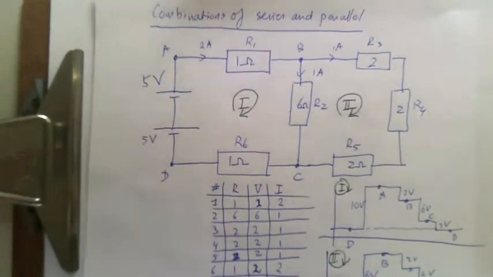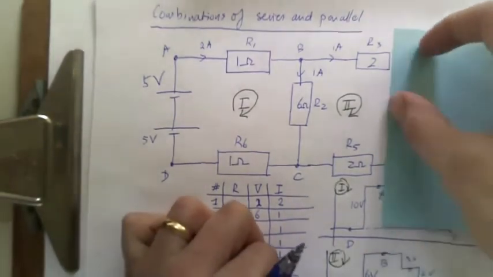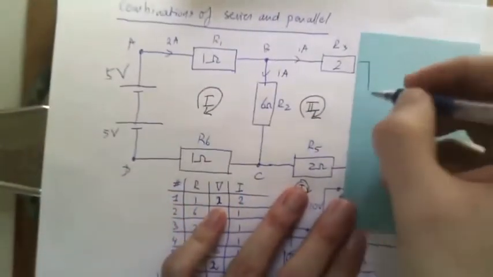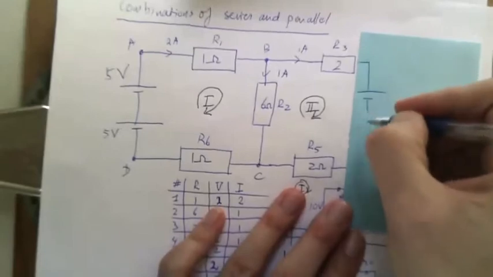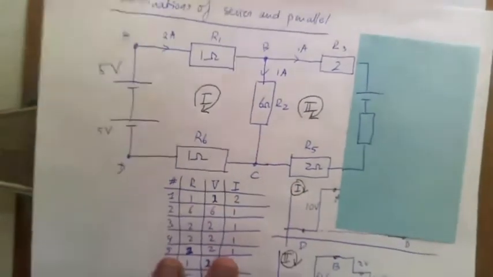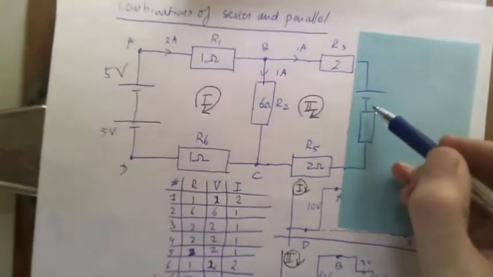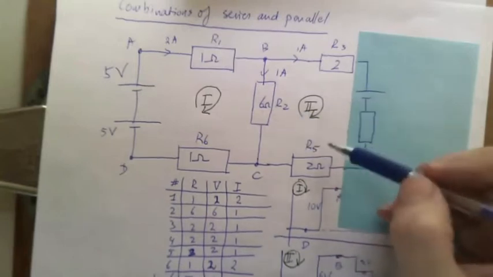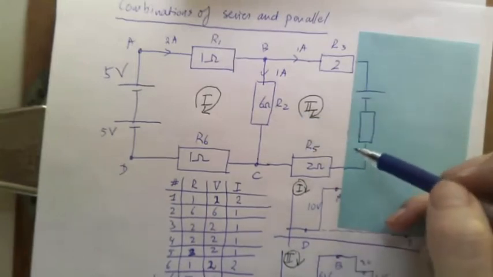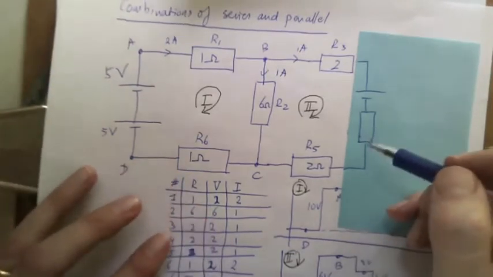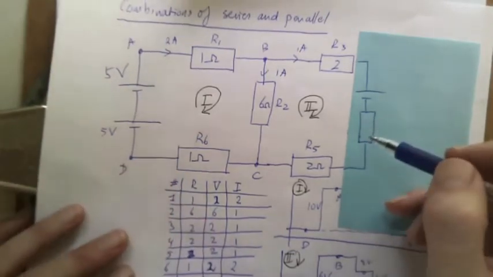Well, it's not that hard to make this into a circuit you can't decompose. So for instance, if I do this, I add a power supply here, that now makes it impossible to say what is in parallel and what is in series. So there's a different approach that we have to use for this kind of circuit.